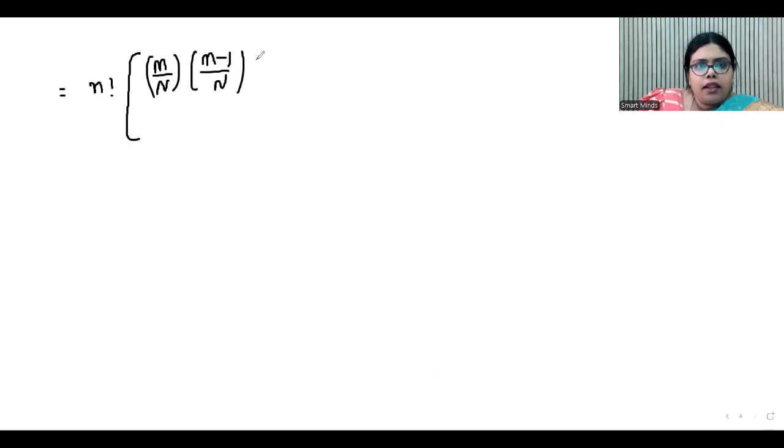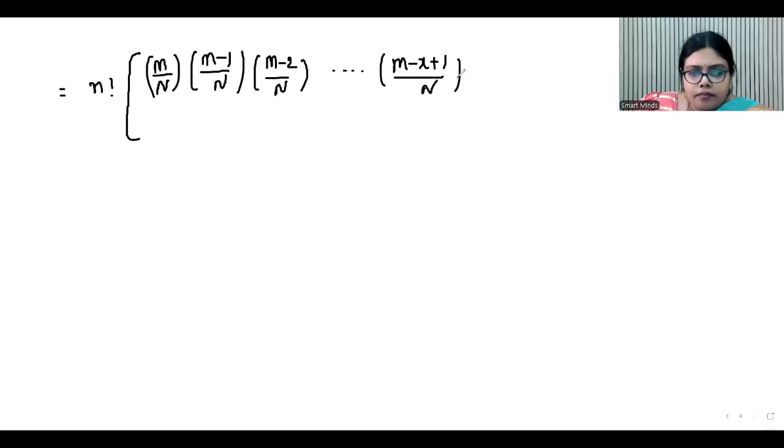Now how can we write this? This is equal to n factorial if I take out. What am I left over with? M by N into (M minus 1) by N into (M minus 2) by N, so on up to (M minus x plus 1) by N into N power x. Why?